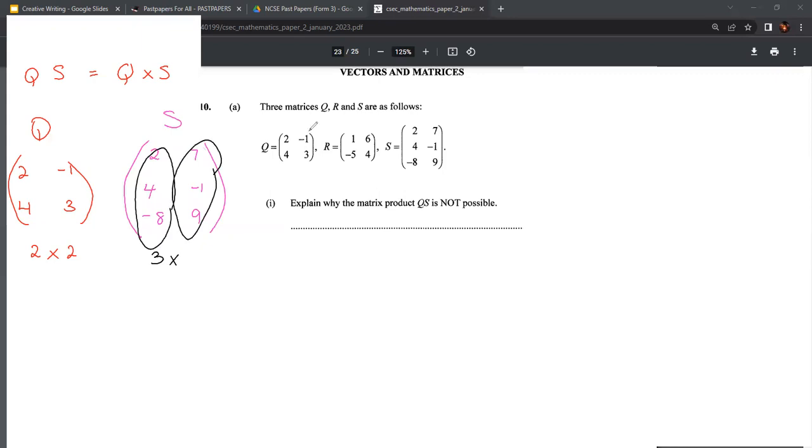So this one is a 3 by 2 matrix. Now, anytime your inner values are not the same, they are not compatible. So these are not the same, so it cannot be multiplied.